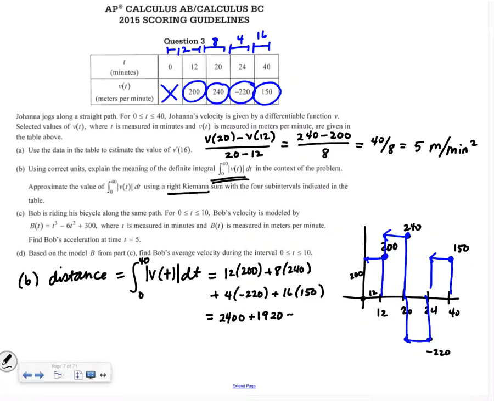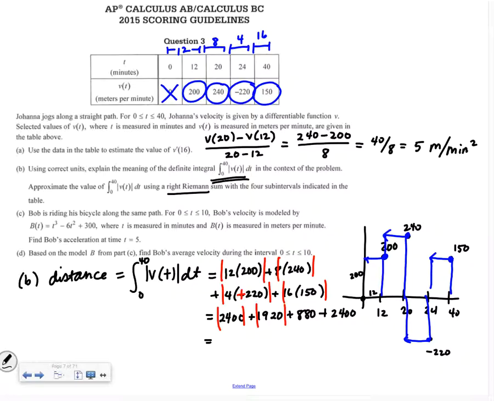minus, oh, you know what? I totally forgot. I need to consider that these are all going to be in absolute values. So this one, right, if it's a distance, we're going to get positive, so it's going to be plus 880, and then plus 2400.